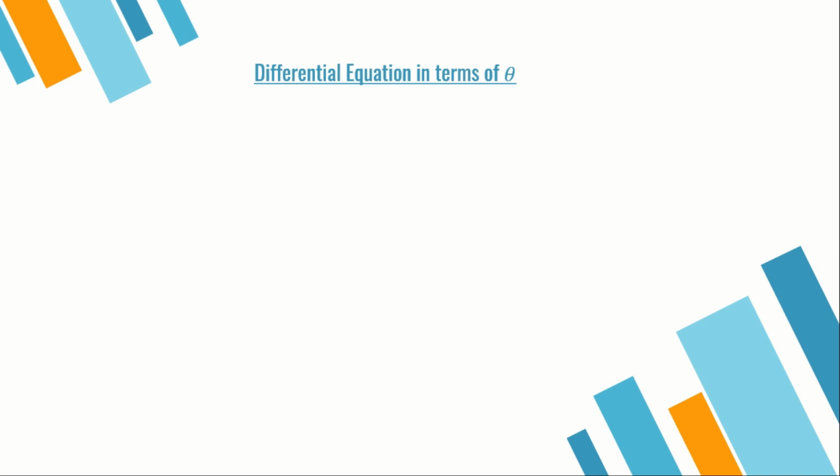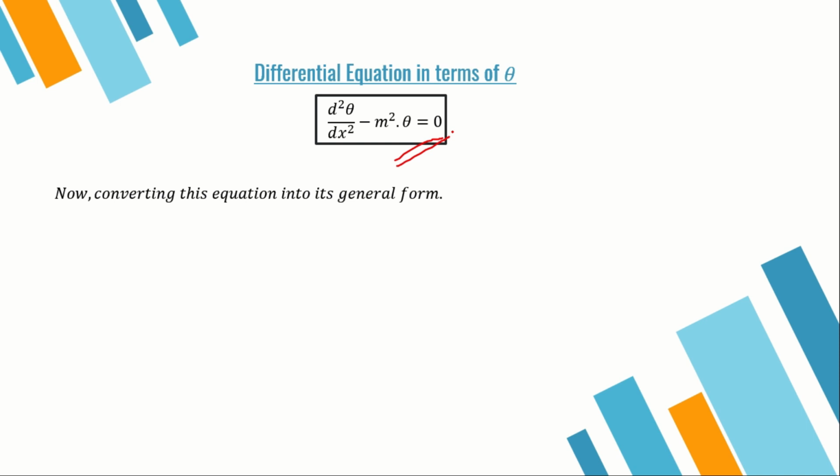Now the differential equation in terms of theta would be d square theta divided by dx square minus m square theta is equal to 0. This is the differential equation in the form of theta. Now we will convert this equation into its general form.